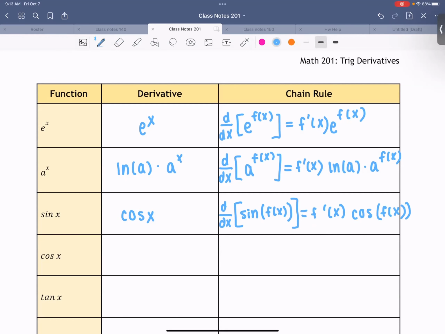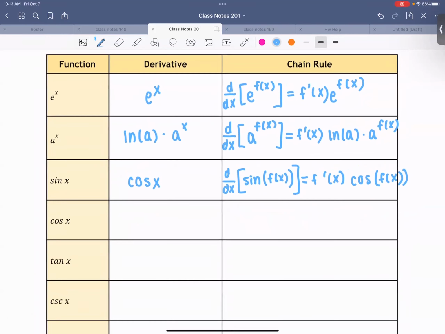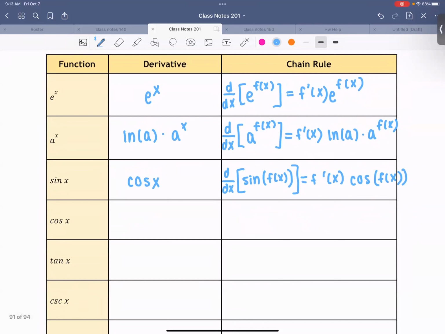Good. Okay, let's do some quiz review here. What's the derivative of cosine? Negative sine, good. And if I were to take the derivative of cosine of f of x, what would be the derivative?